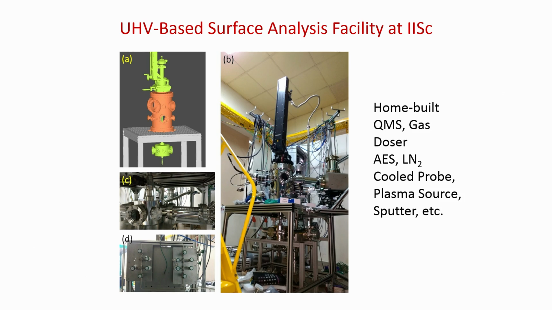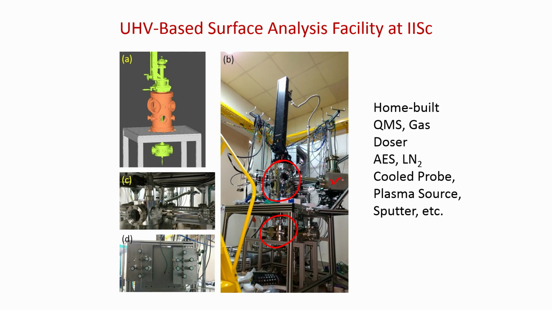This is just an image we have taken from our lab instrument. The top part is where we perform the surface science experiments. The bottom part is for cleaning and also transfer of the sample. To maintain the vacuum in this chamber, we have to use different kinds of pumps.